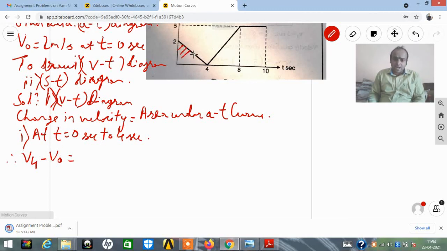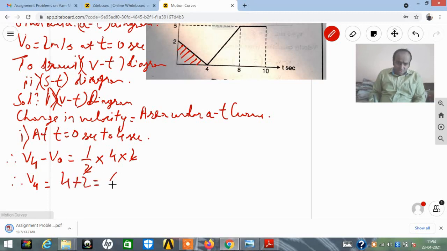Just for your reference, I am showing it by shading it. So it is nothing but the area of a right angled triangle, that is half into base, that is 4, into height, that is 2. So therefore V4 is equal to 2 cancels out, 4 plus V0. V0 is nothing but 2 meter per second. So it is equal to 6 meter per second.